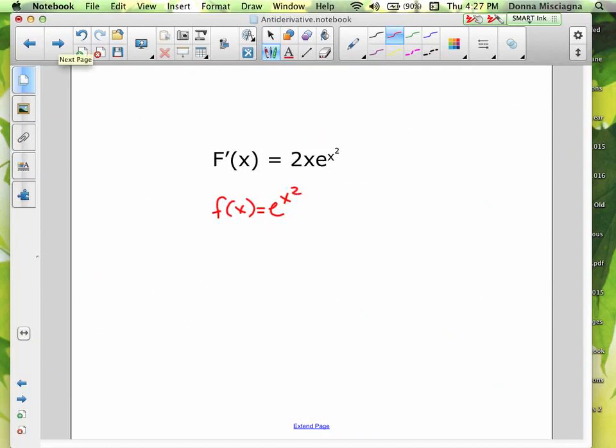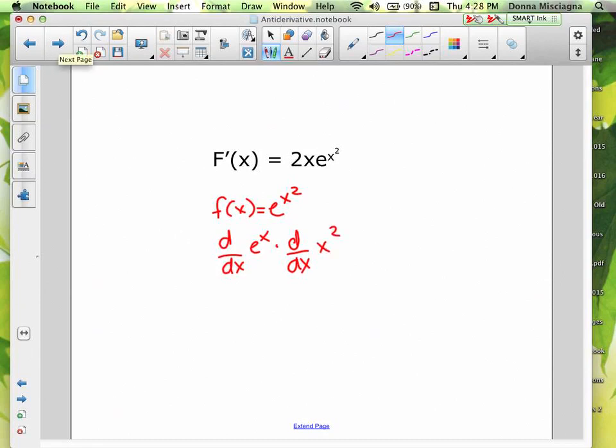Anytime we take the derivative of e to the x, if this exponent is a function, now we have a chain rule. So we have to take the derivative of e to the x times the derivative of that inside function of x squared.